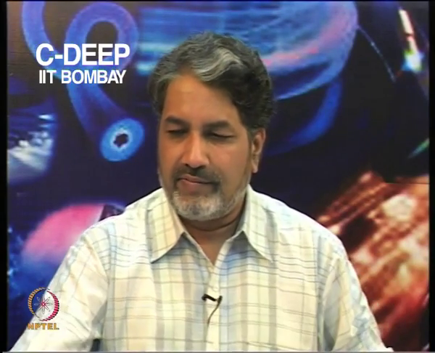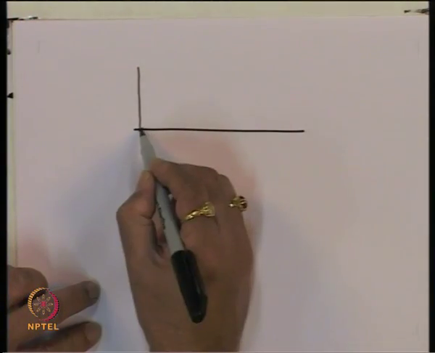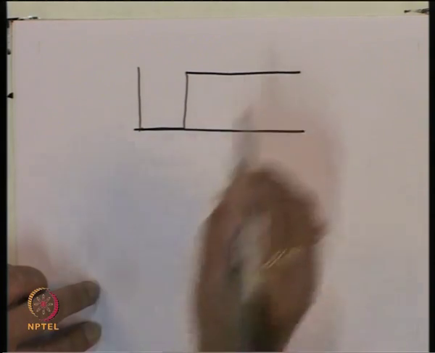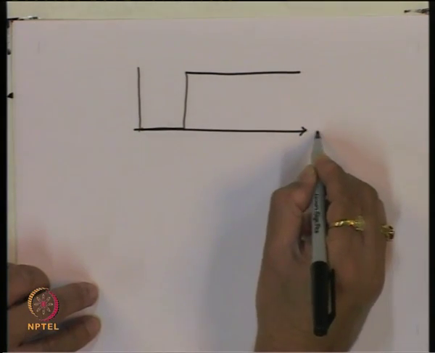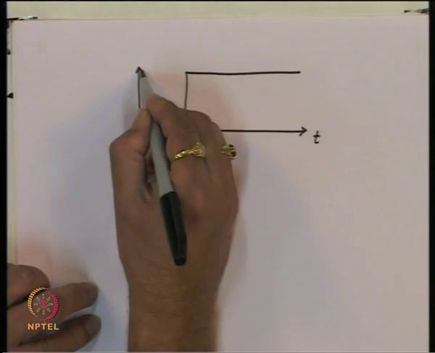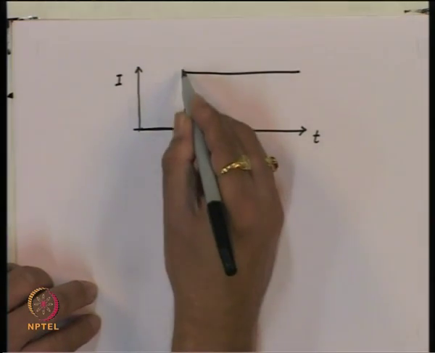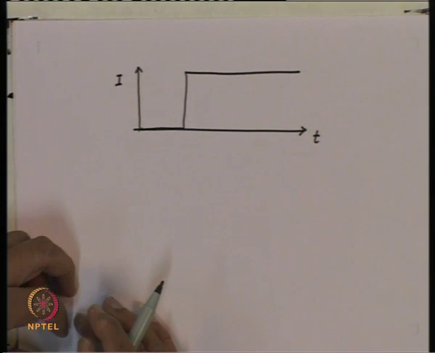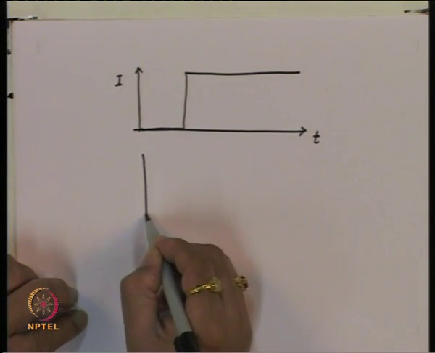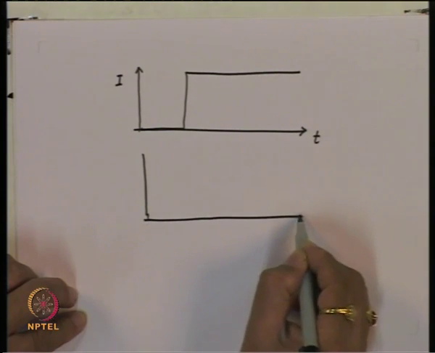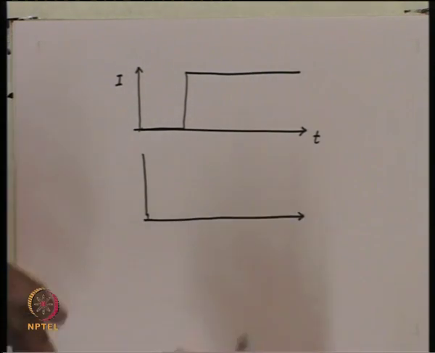Another aspect of the laser diode is what is called the relaxation oscillation. What that means is that suppose we give a switching pulse, which is something like that. Let us say this is a function of time and this is the current which is supplied to the laser. Now, as soon as this current is supplied to the laser, the population inversion will build, and because of this, suddenly the gain in the system will be very large.